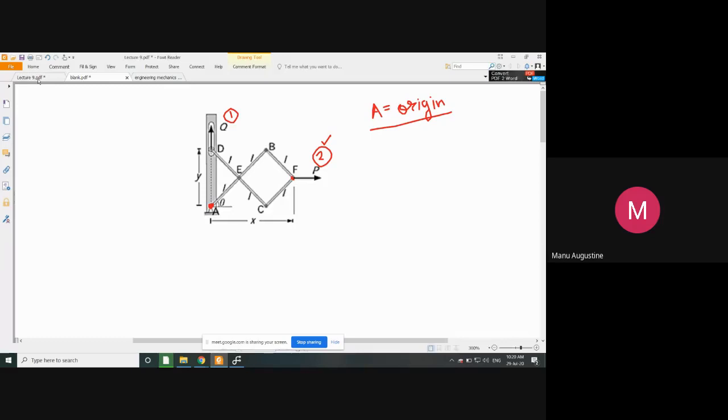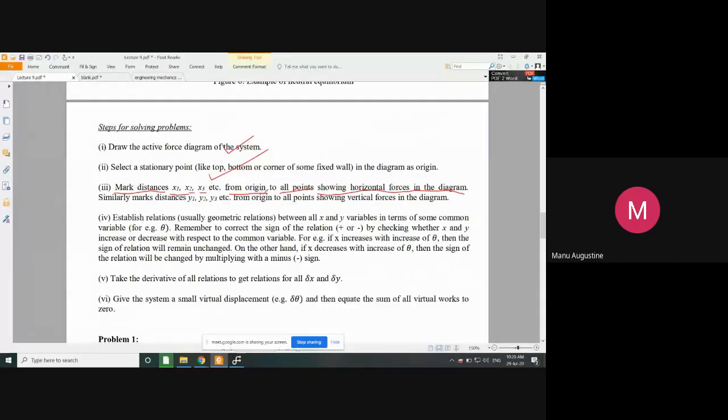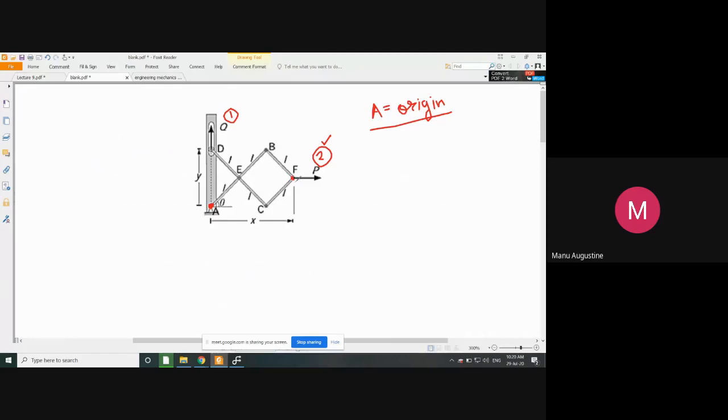So this step says from the origin, mark the distance of each horizontal force with x1, x2, x3. So since there is only one horizontal force, I have simply marked it as x. See. And from where have I measured it? See, this is being measured from point A, which is your origin. So I measured the instantaneous position of point F, which is the application of the horizontal force.